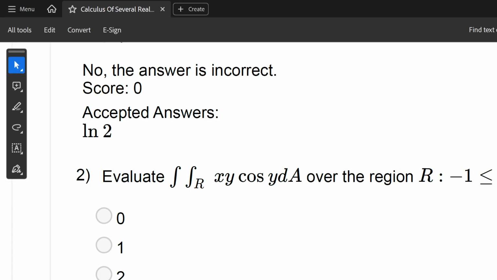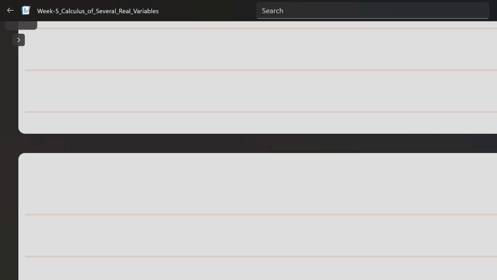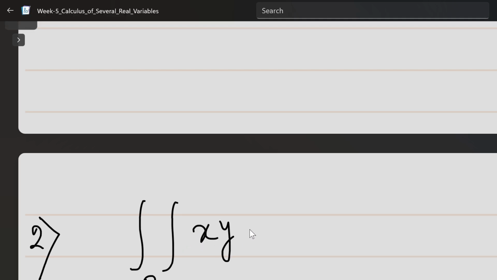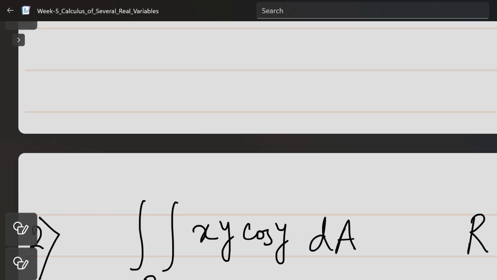Okay. I will see. I will write the question first. It is question number 2. That is, you have to find one double integral over R, where R is the region. What is R? R is X lying from -1 to 1 and Y from 0 to pi.